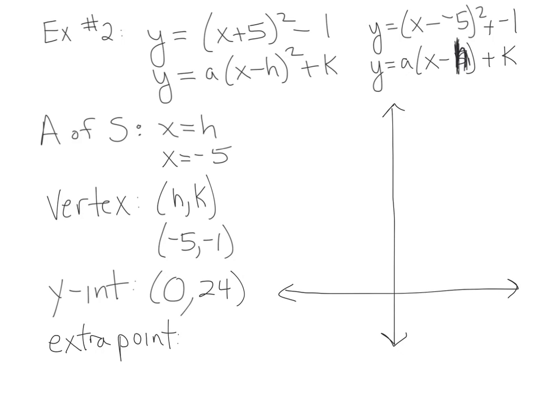So let's say negative 5 is about here. The vertex is at (negative 5, negative 1), let's put it right about here.